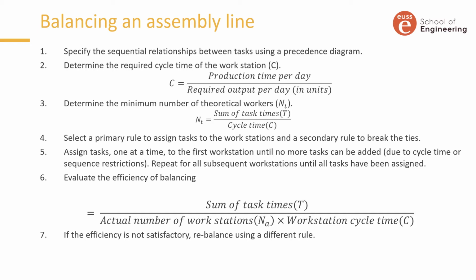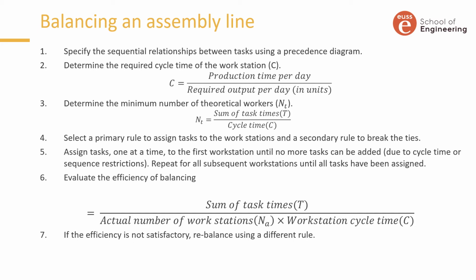Primary rule tells us what will be the priority of assigning the tasks. What is the function of secondary rule? The function of secondary rule is for the time that we have a tie. It means that, for example, based on the primary rule, 2 tasks are equal totally. So now the secondary rule tells us which one should be selected.